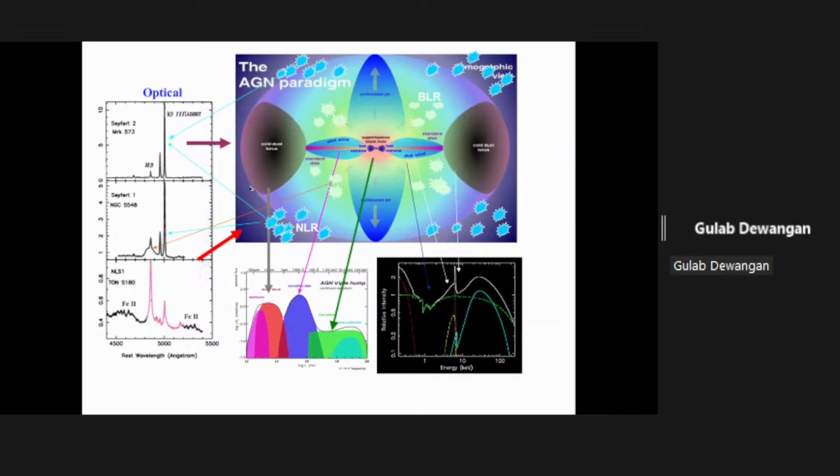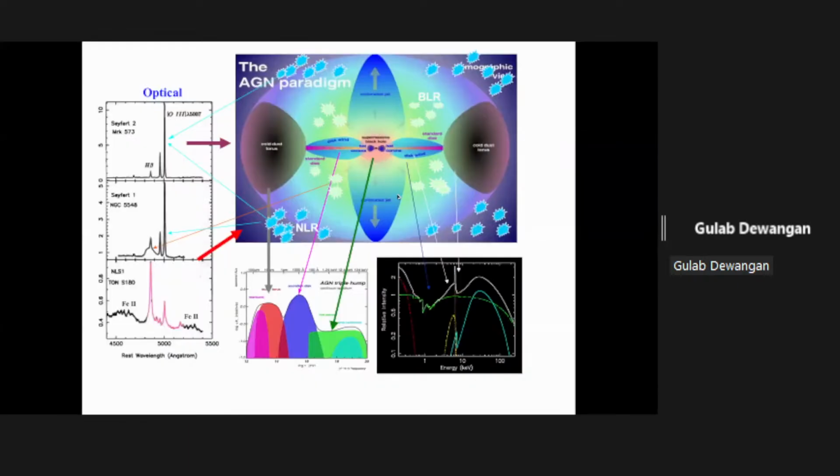Okay, and how do we understand the line emission which we see in the optical and ultraviolet? We think there are two kinds of clouds giving rise to the line emission, like H-alpha, H-beta, etc., from AGNs.